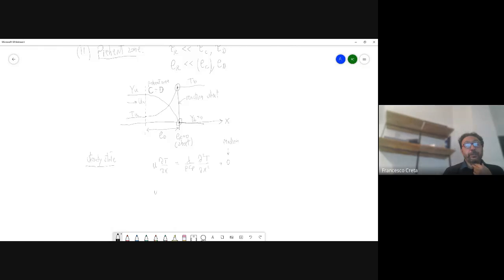For the species, it's going to be very similar. So we have a convection of mass fraction, and then a mass diffusivity this time, and then the second order derivative, okay?